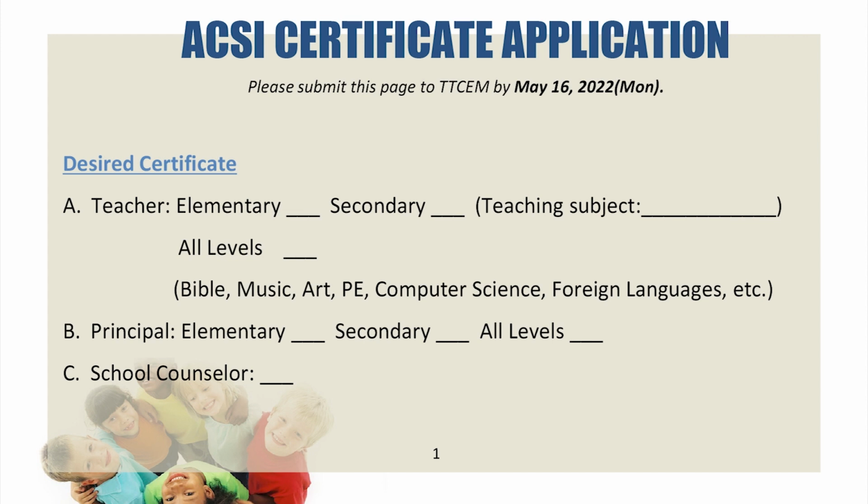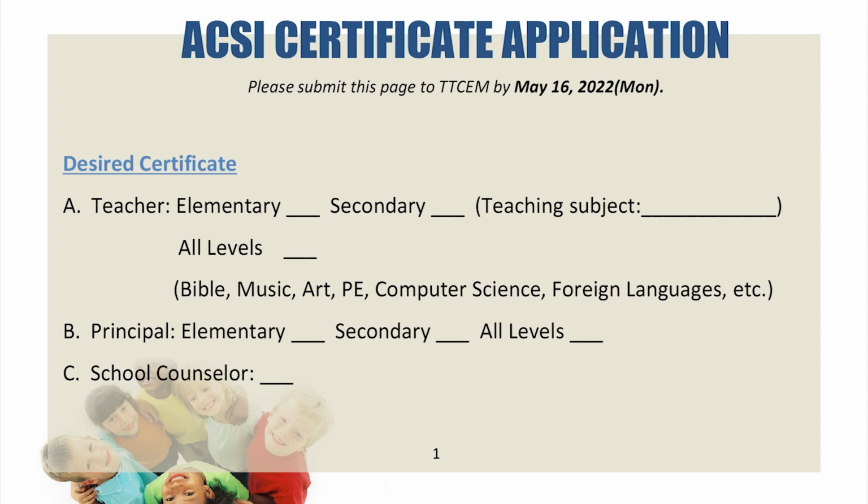You can apply for the elementary, secondary, or all levels teacher certificate according to your major in your undergrad education. For example, if your major is early childhood education or elementary education or education, then you could apply for elementary.